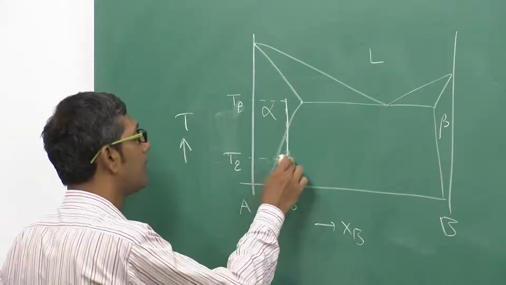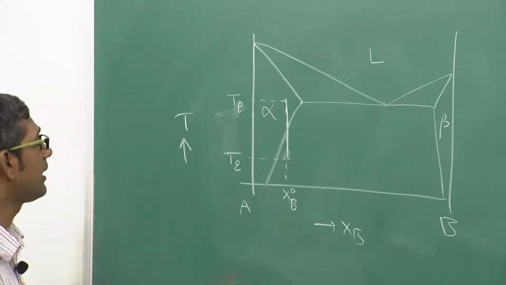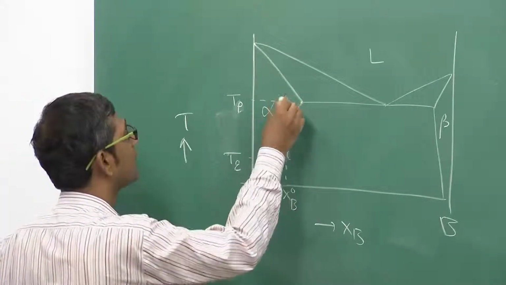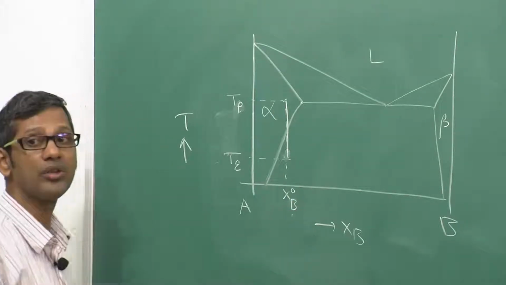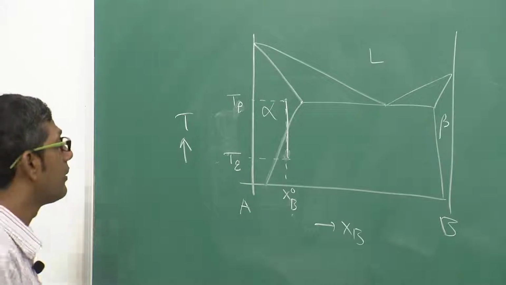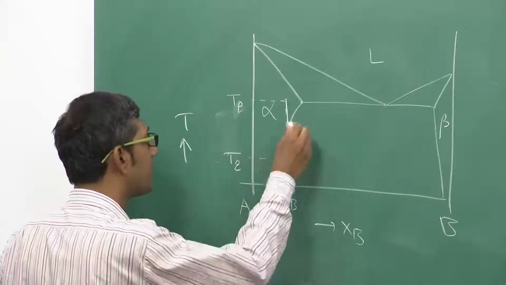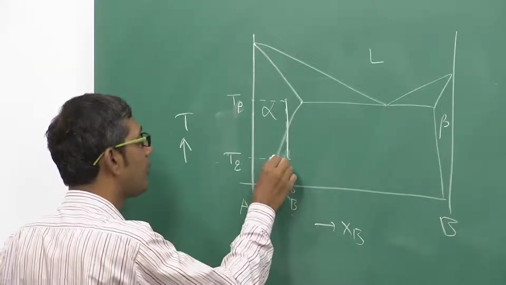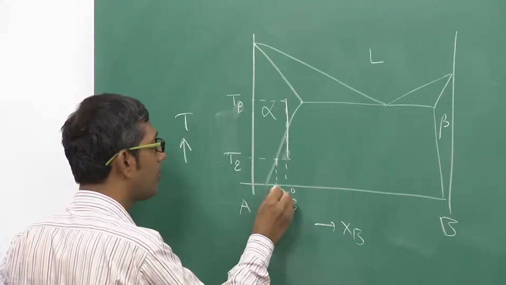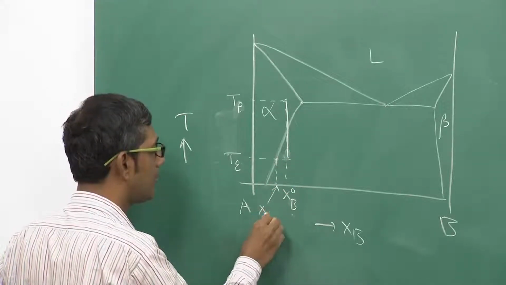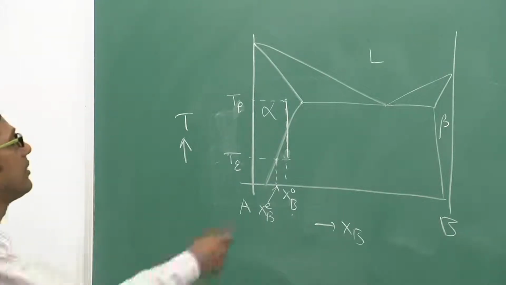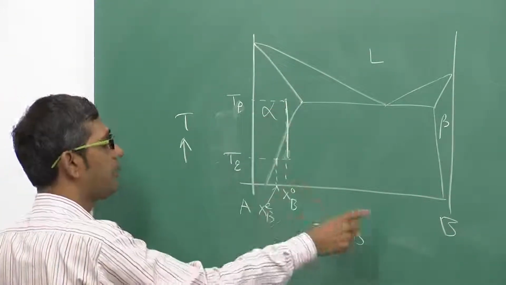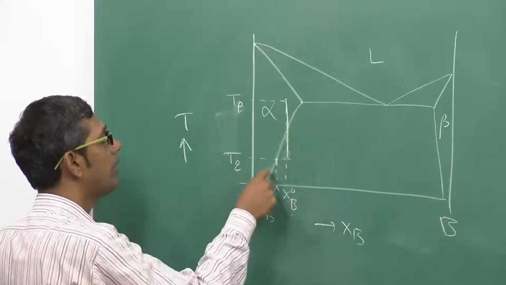Although the alpha phase is retained, as you see here, at this temperature the alpha phase contains about XB0 amount of the solute B. On the other hand, as per the phase diagram, at temperature TQ it can only contain this much, XBE amount of the solute, because the solid solubility of B in the alpha phase is going down.